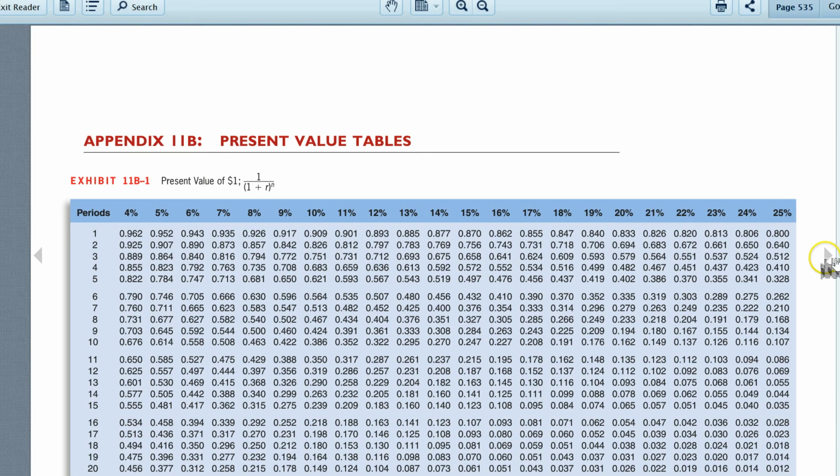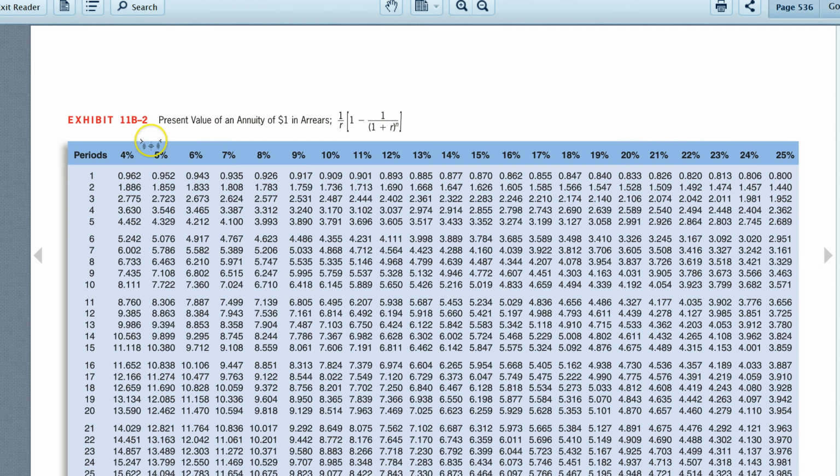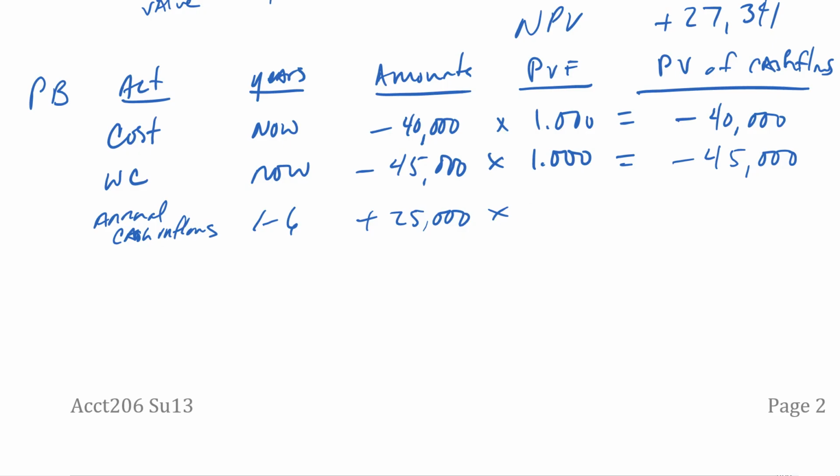This is a payment happening over and over again. So we're going to look at the present value of an annuity. Again, 14%, 6 years. It's the same factor we had calculated earlier, 3.889. So we multiply that out, and we get positive 97,225.